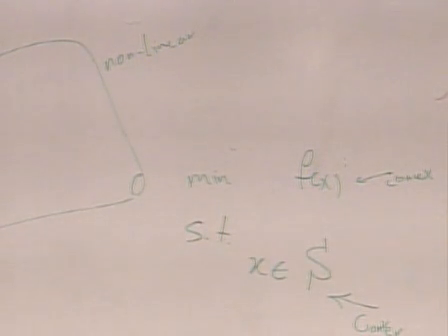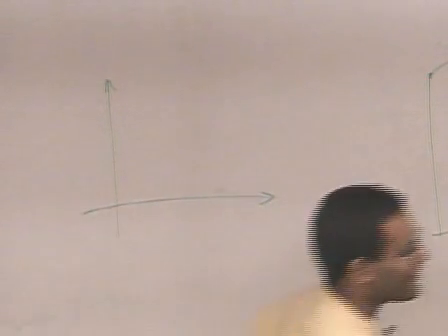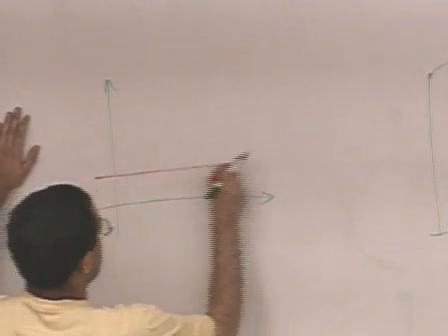Look at an example that I'm going to give you. Some people have asked me this in the past few days, so they might have seen this example. Assume that your feasible set is this set.